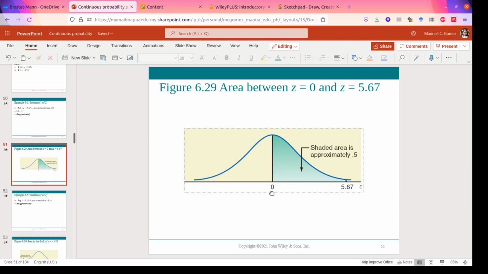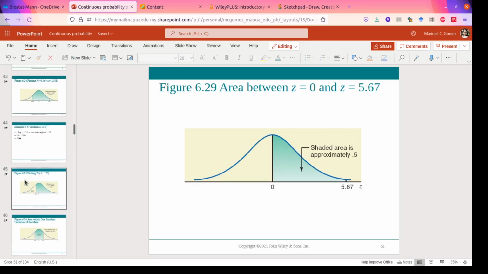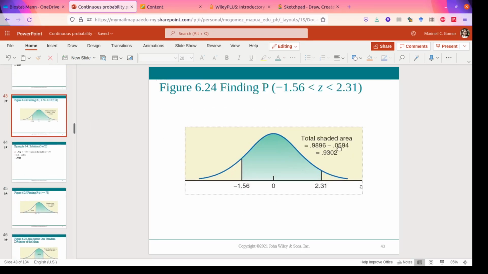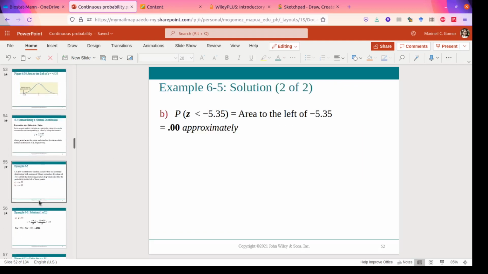So you get the value for 0, which is 0.5, and get the value for 0.567 from the table, then subtract the value of 0 from it. That gives you your region. It's the same way we have been calculating shaded areas beneath the curve between two values, just an extended example.